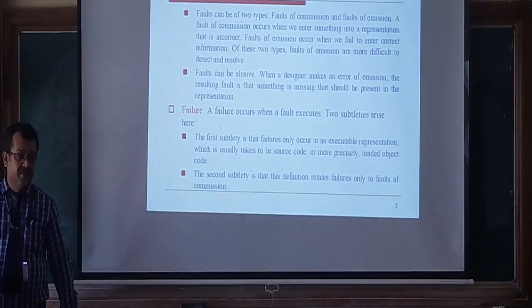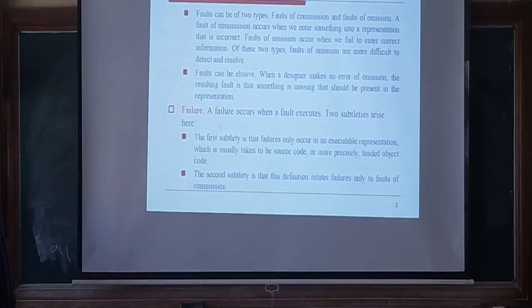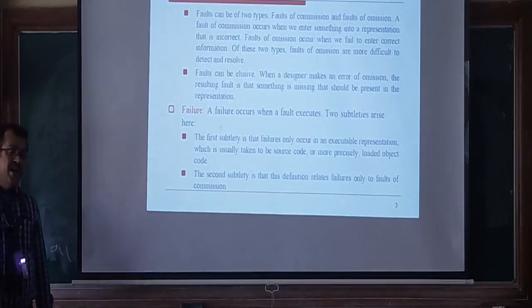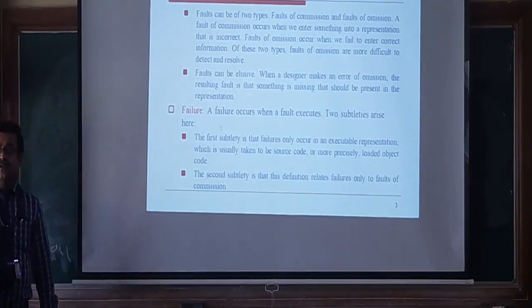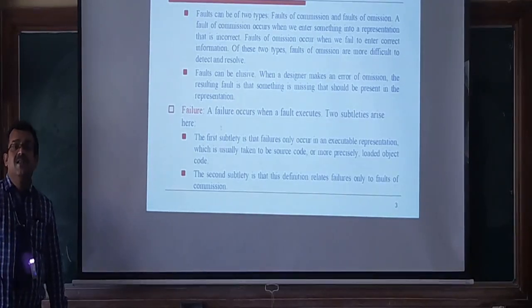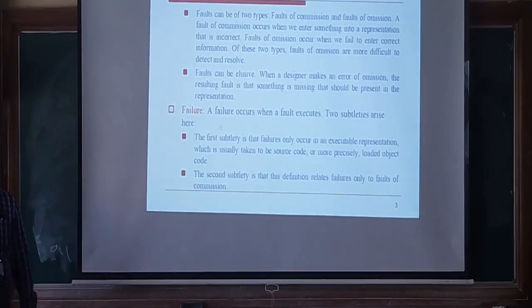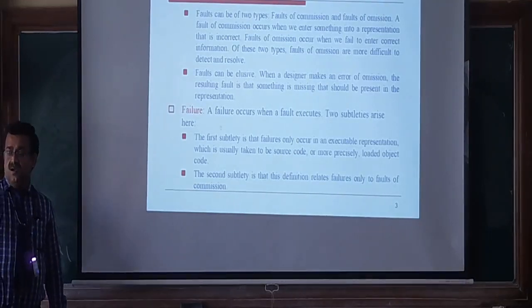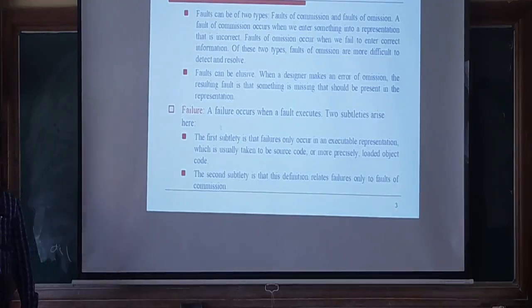The third definition is the failure. A failure occurs when the fault executes. So when we execute a fault, we are likely to face a failure. Two subtleties arise here.